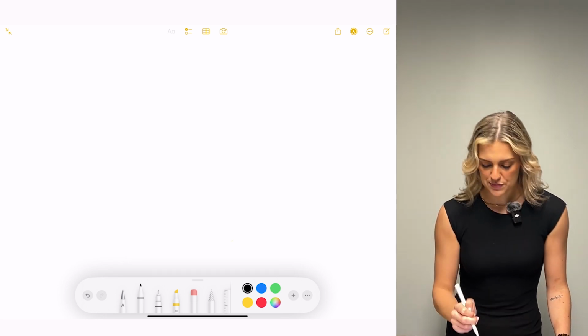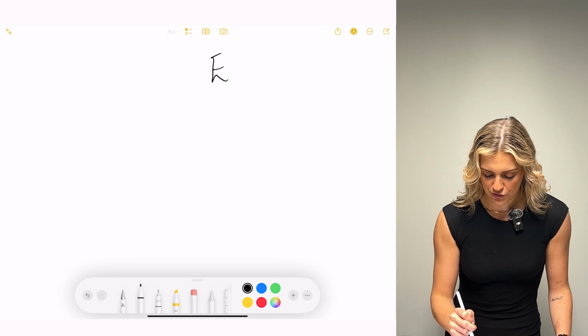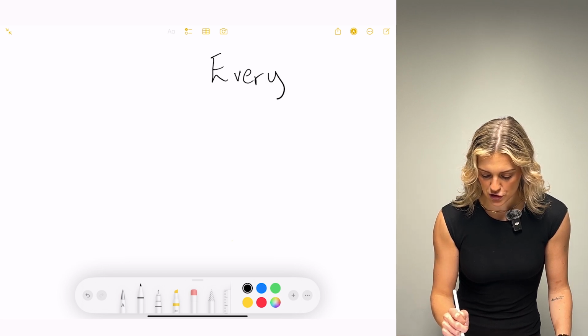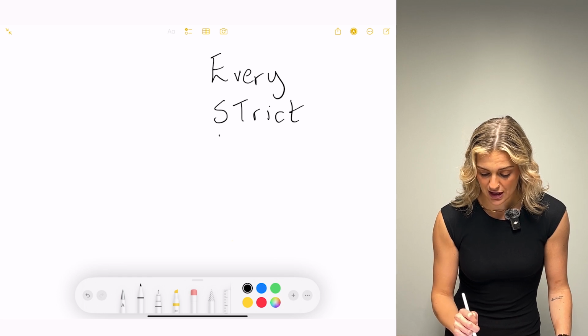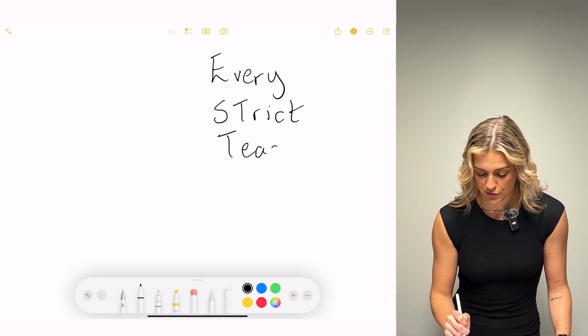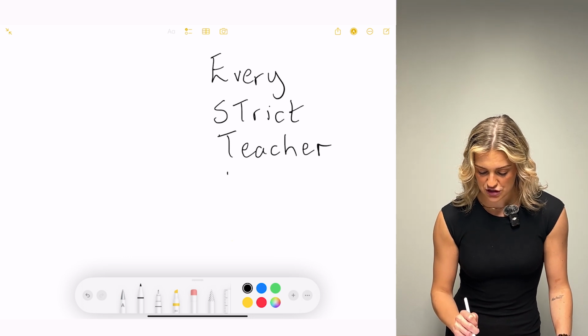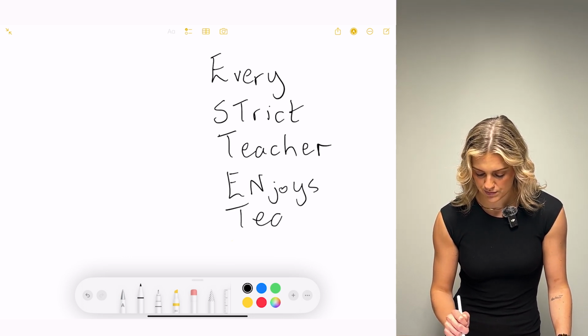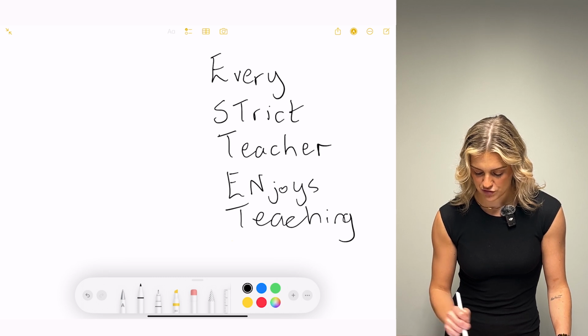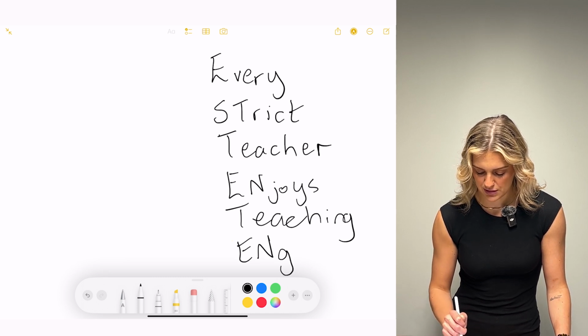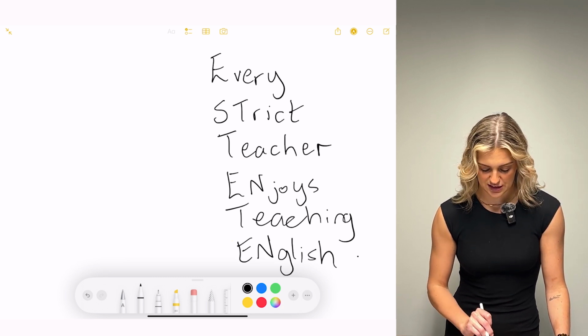If you find that too difficult, I love teaching my year groups this, which I did not come up with. I got it from the Präsens book, and I think it's just excellent, so I use it now every year. Every strict teacher enjoys teaching English. So thank you, Präsens and Maeve, the writer, for this, because I think it's great.